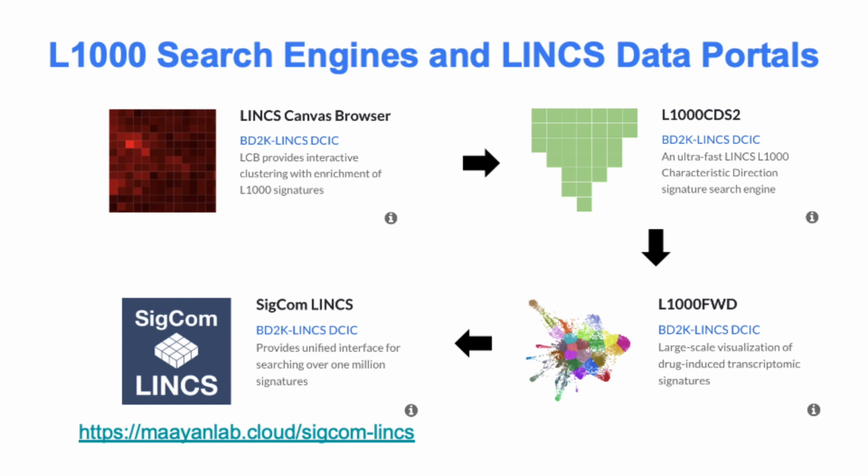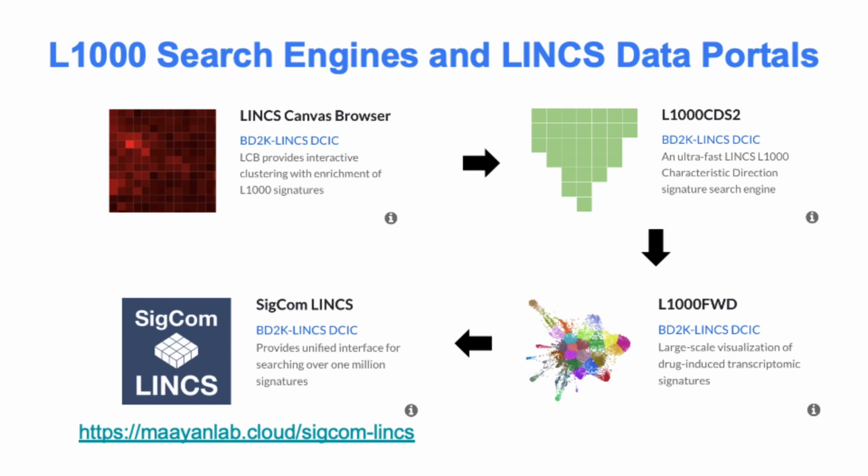So some of those apps that we developed, and I guess the L1000, you can say that this is the most substantial data set that was produced by LINCS, and also the most widely used resource that came out. So throughout the years, we developed search engines to query that data set, the L1000 signatures.